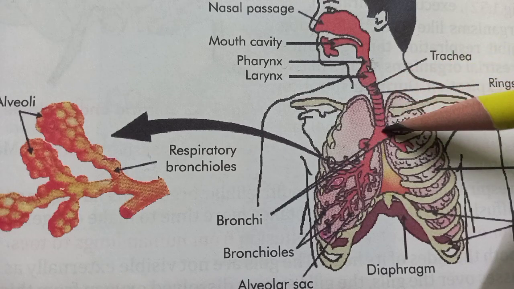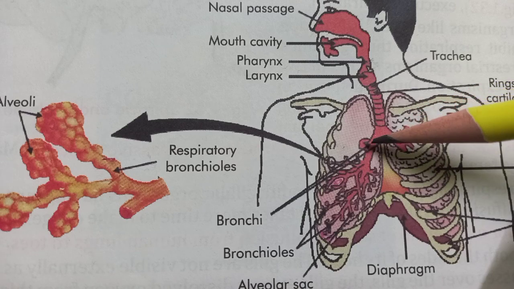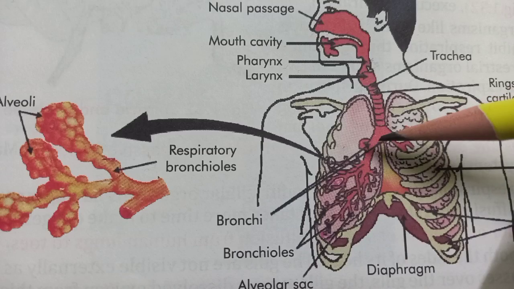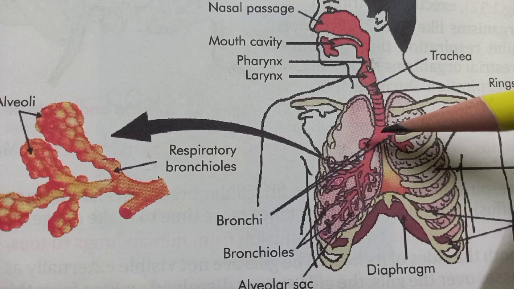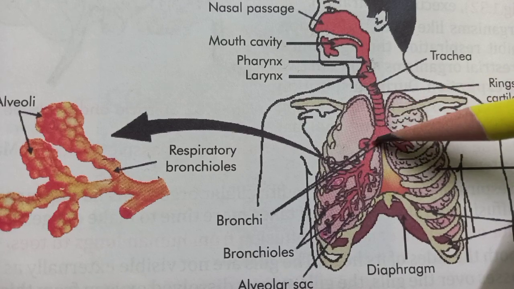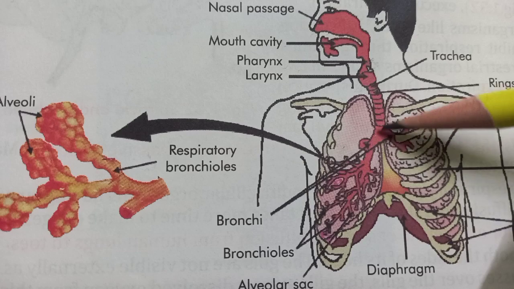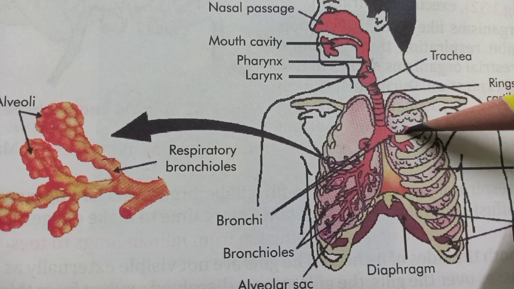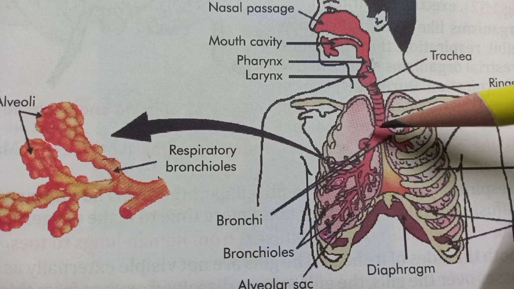Then this trachea, when it comes into the thoracic region, divides into two parts, that is left and right bronchi. Right bronchus is 2.5 centimeter long. It is wider. Now here the right is this. So it is wider, shorter and more vertically placed than the left bronchus, which is 5 centimeter in length.